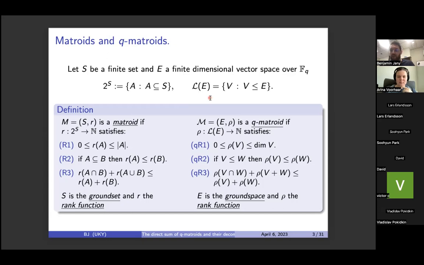I'm not sure if that answers your question. Thank you, I just wished to be sure they pass through the origin. I'll show examples of how we arrive at q-matroids in the next slides.